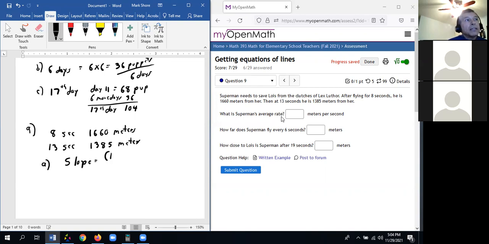So we take the 1660 minus the 1385 and take your time and subtract it in the same order. 8 minus 13. And that's a little odd because that's going to give you a negative. But up here, you would get, let's see, I think that's 255, I think.